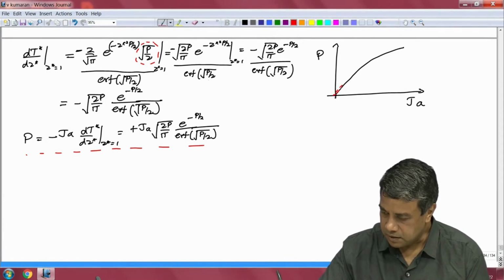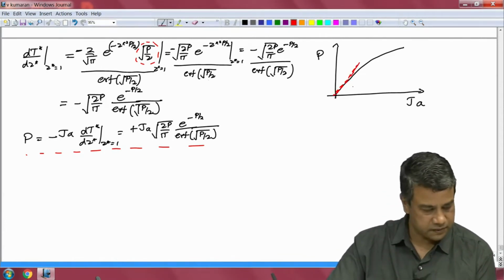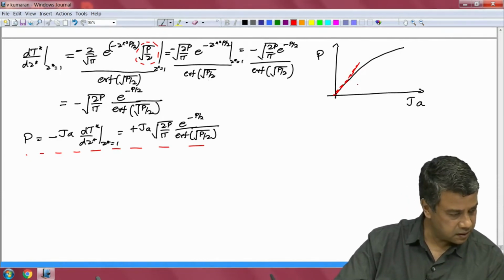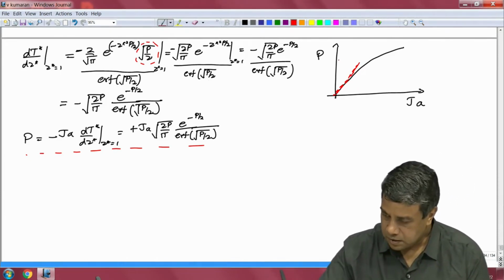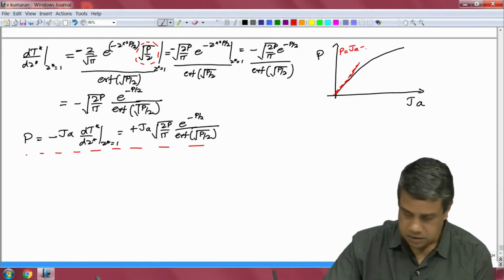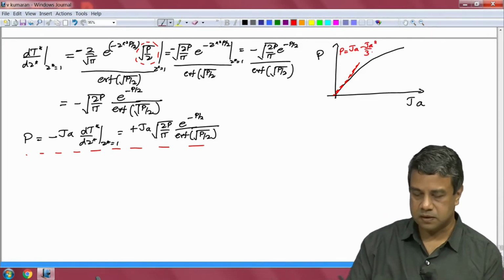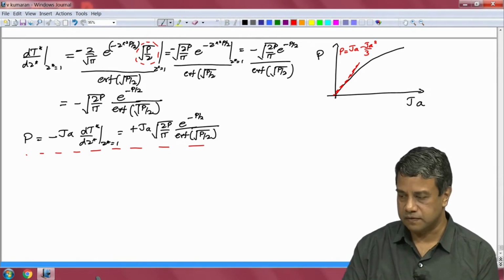For small values you have the expression p is equal to Ja minus Ja square by 3. That is the solution of this equation for small values of Ja.